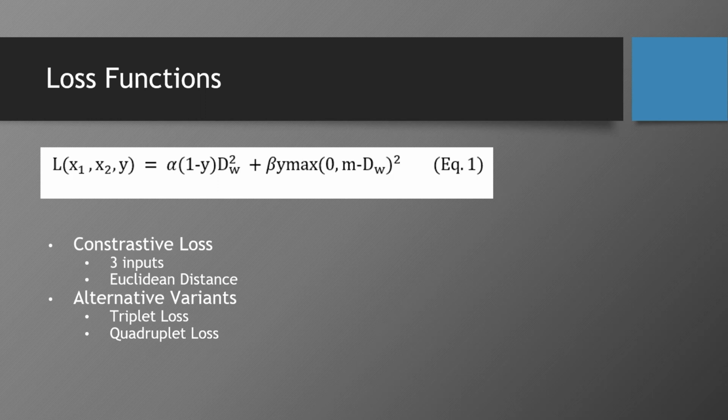In SIGNET they just use 2 inputs, but some other papers use triplet loss or quadruplet loss, which means for triplet loss we use 2 genuine and 1 forged images as input. For quadruplet loss, we use 2 genuine and 2 forged images as the inputs. So it's based on the inputs. Here we only use 2 images as inputs.